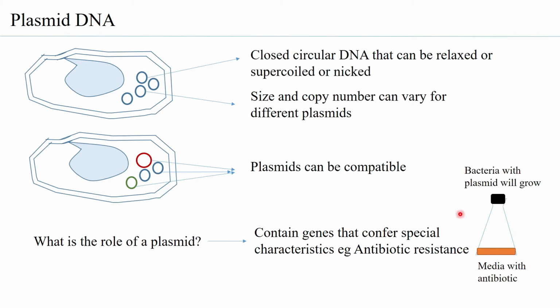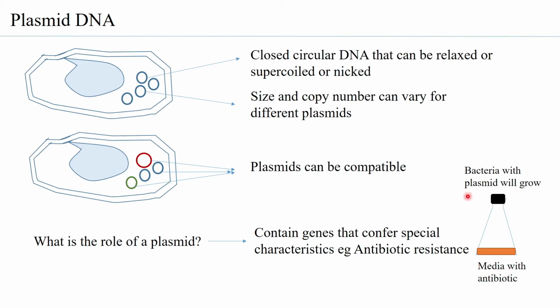What is interesting to note here is that because the plasmid is present within the bacteria, the bacteria is able to carry out a particular function, in this case resist the antibiotic, and because it can resist the antibiotic, it can grow in the media containing antibiotic.